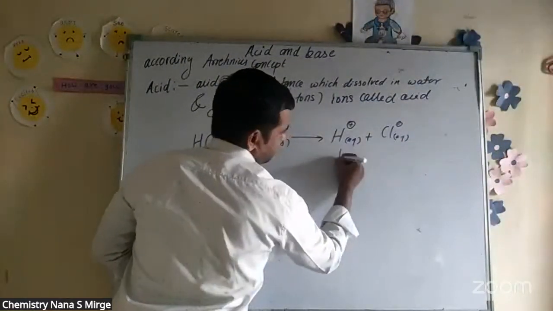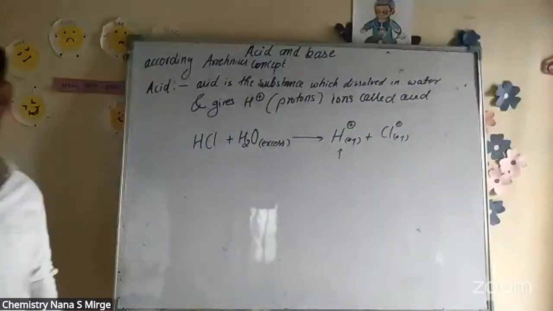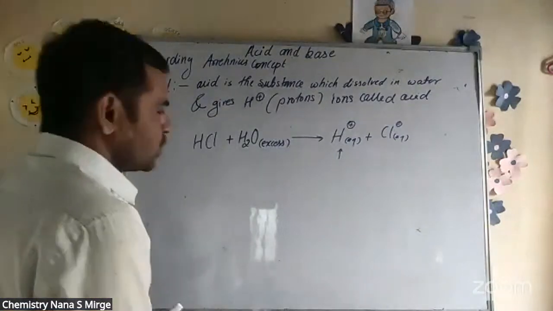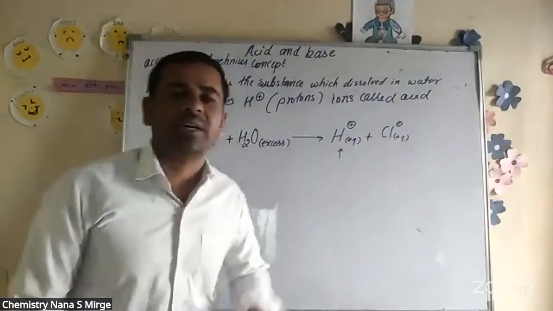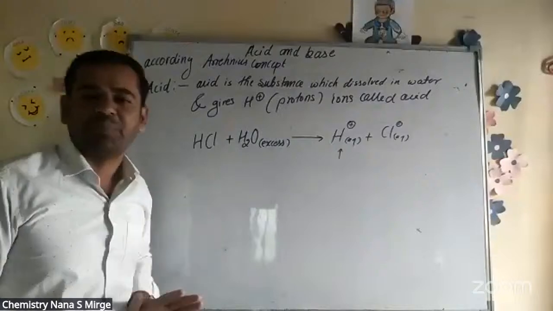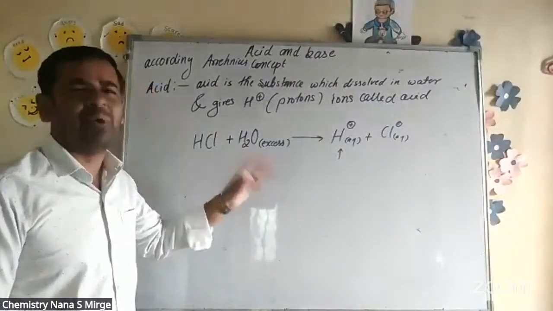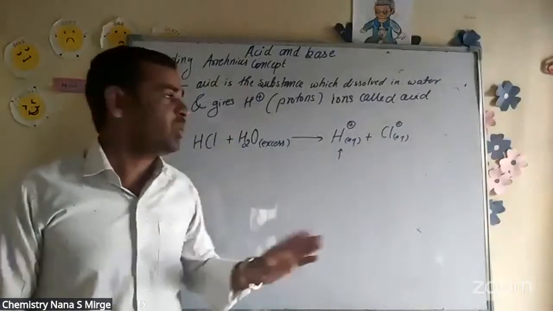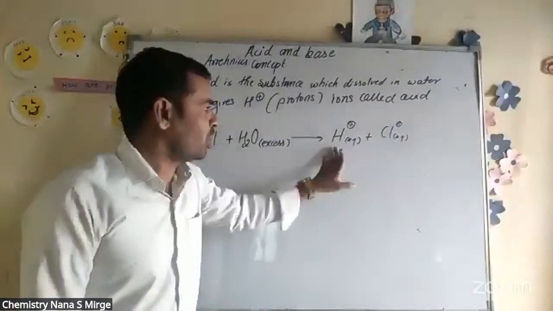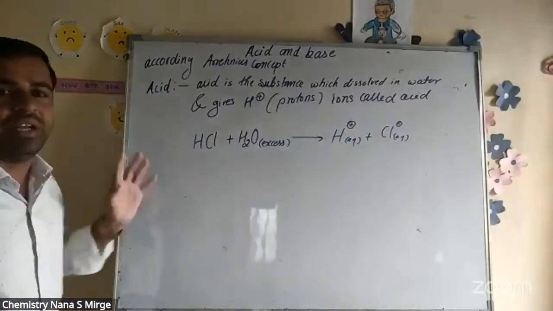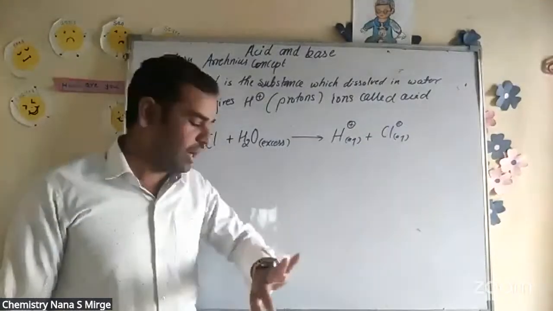So any substance which dissolves in water and gives H plus ion is called acid. Are you good? Did you get this definition? Yes. You have to dissolve it in excess water. Any substance you dissolve in water, if it produces H plus ion, then it is an acid.